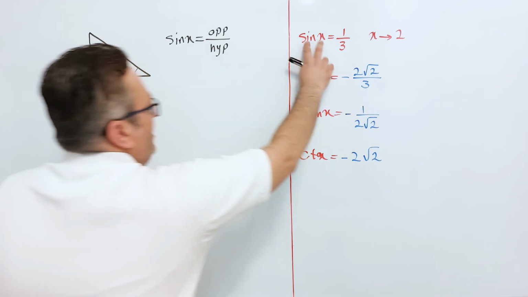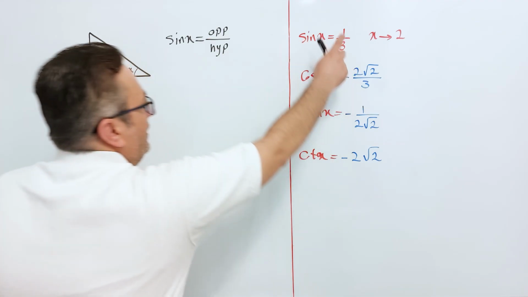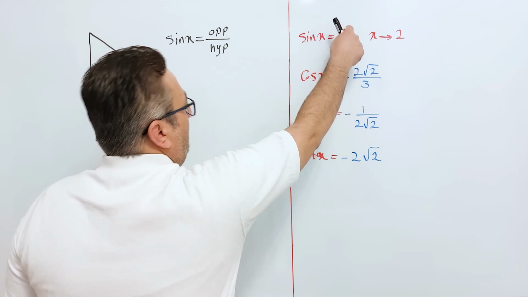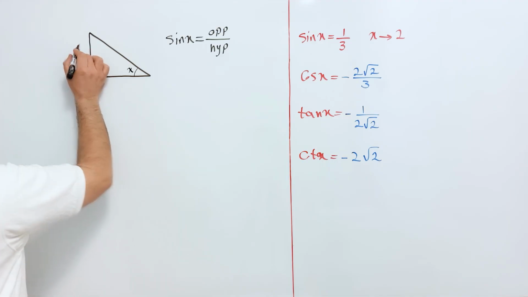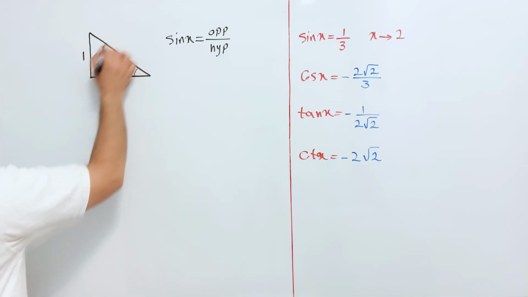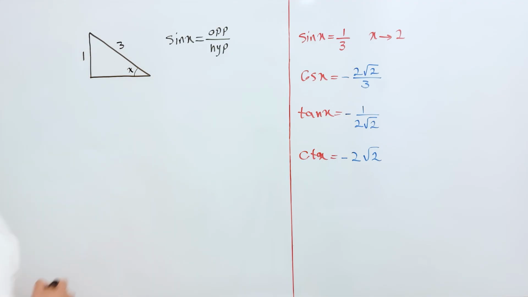So sine x is equal to 1 over 3. So 1 is the opposite side and 3 is the hypotenuse.